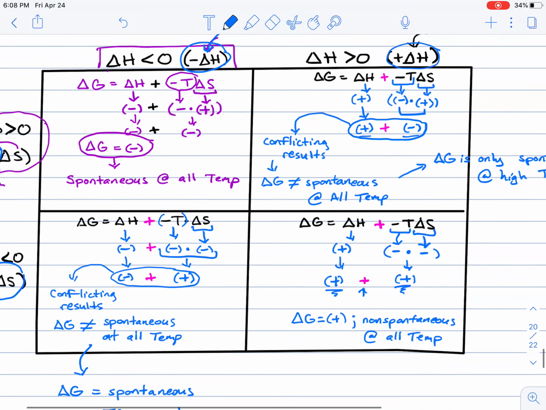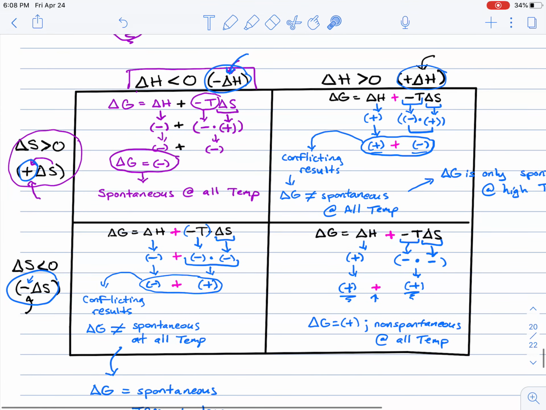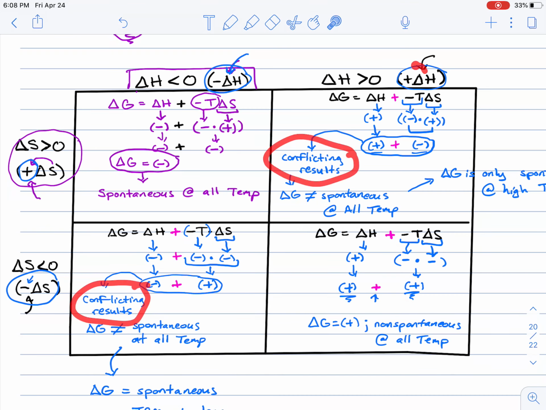All right. So looking at what we've done in these four boxes, just looking at the trends, notice that you have these conflicting results when the sign of your enthalpy and entropy are the same. So plus and plus would give us the conflicting result. Here we have minus, minus, and a conflicting result.